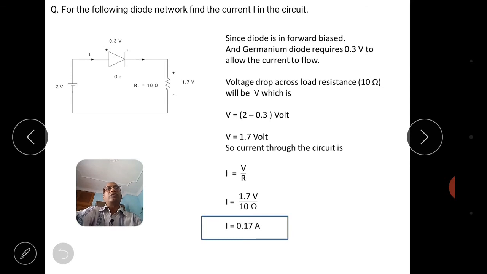So current through the circuit is I equals V upon R, that is I equals 1.7 volt upon 10 ohm, that is we get I equals 0.17 ampere.